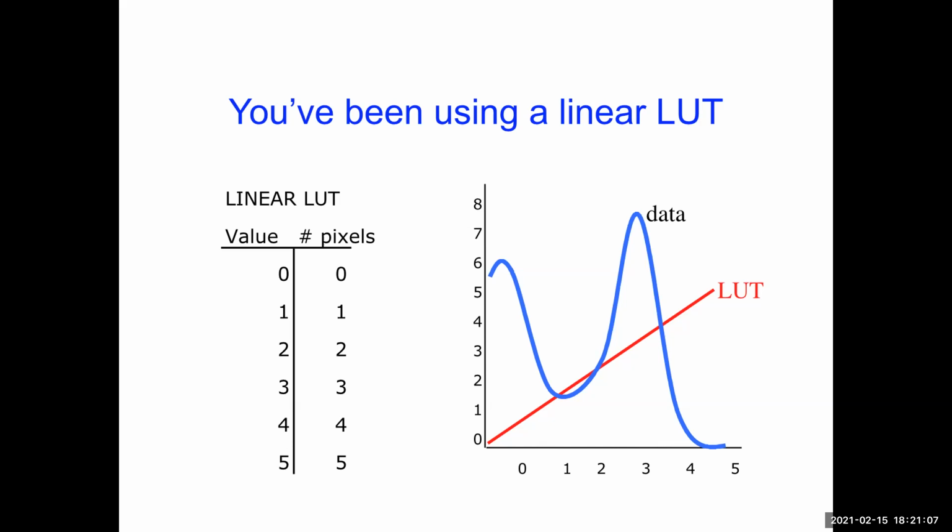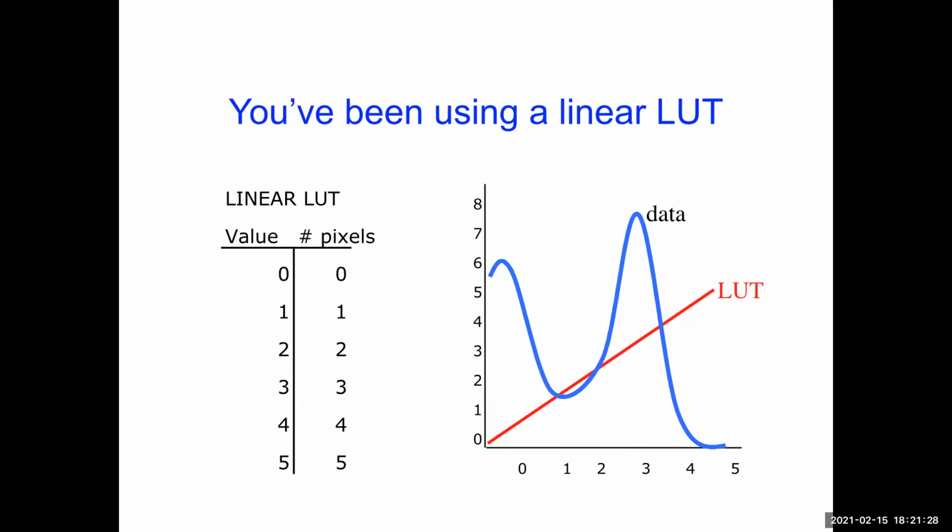So when you chart 0 versus 0, 1 versus 1, 2 versus 2, you get that nice 45-degree line that we have here, the red lookup table. In other words, show me my data exactly as it was. Give me the exact original image with the exact same gray levels that I started with.